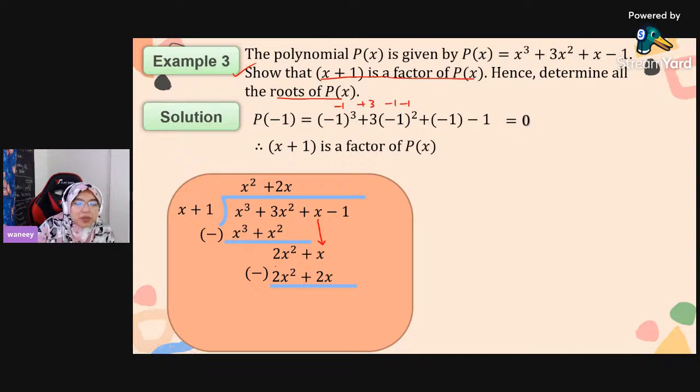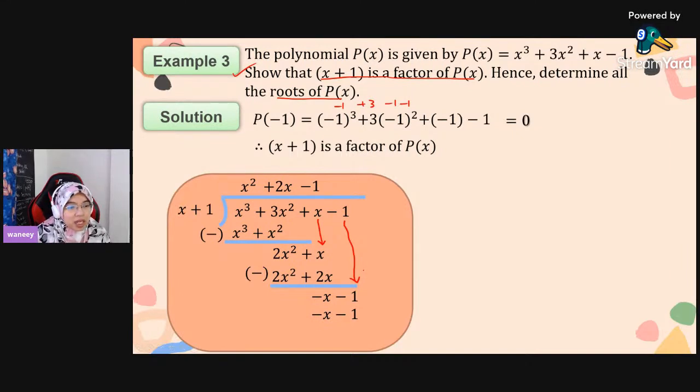So x minus 2x becomes negative x, and then bring down negative 1 as well. So they will become negative x, negative 1. Continue. x multiplied with what in order to get negative x? Therefore, x will be multiplied with negative 1. So multiplying with negative 1, we get the same thing, negative x, negative 1.